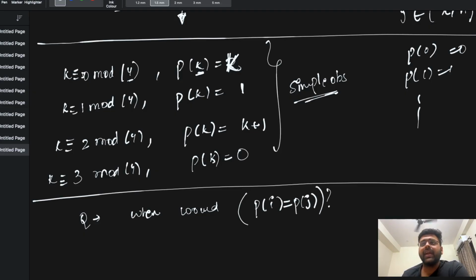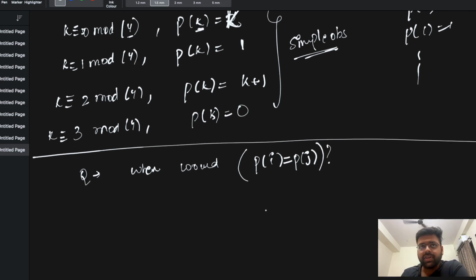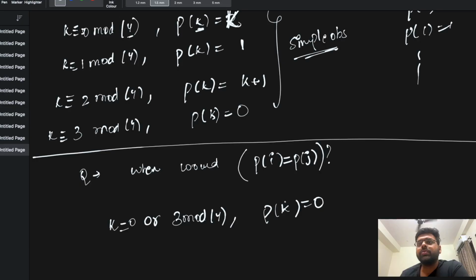I can say pi equals pj when k is congruent to 3 mod 4, where my pk is equal to 0, and this is the case of 0s I'm talking about.